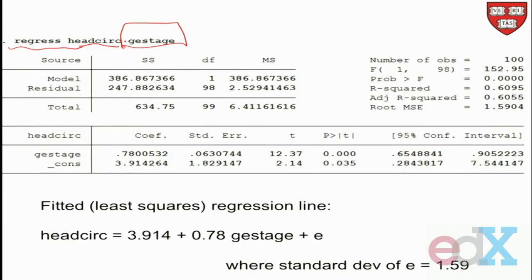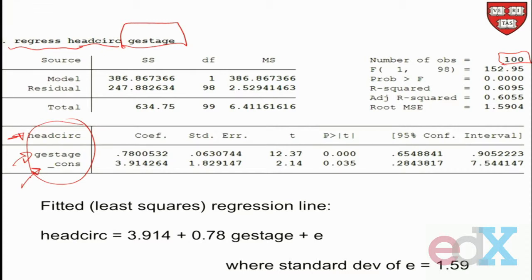And here it is. The way we read this is, all right, there are 100 data points, and then here are the variables that we're looking at. The one on the left-hand side is head circumference. Then we're going to look at gestational age and the constant. So there's the constant term. We usually ignore the constant term.